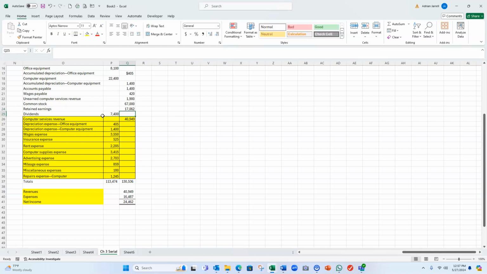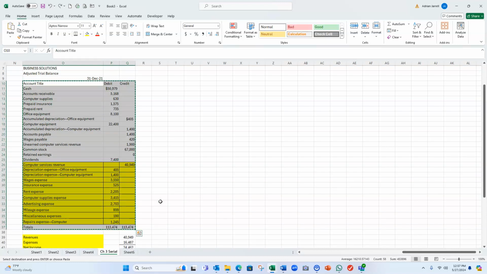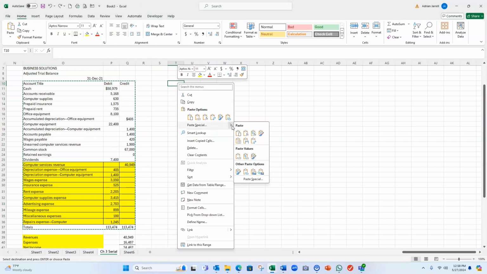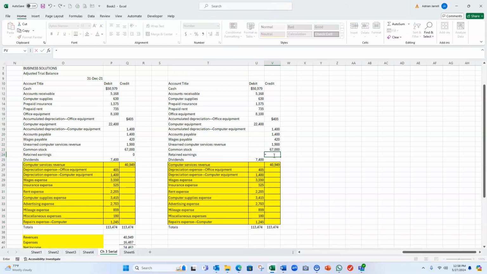We're going to have 17,062 in retained earnings. Oops, let me just get rid of that. Let's take this whole thing. The post-closing trial balance. 24,462 minus 7,400, and then take these guys out.